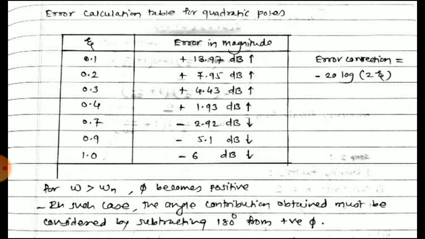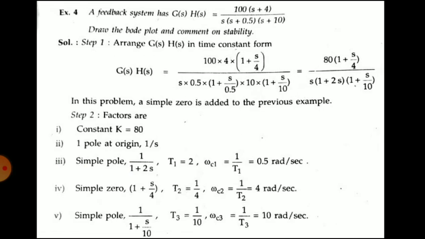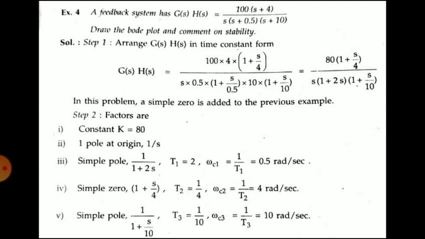So there is an error calculation for the quadratic poles that is shown. Then one example is given. It is the same example that we will see, and we will completely solve it. Step 1, we have to arrange G(s)H(s) in time constant form as explained earlier. From that form you will get the constant K equal to 80.